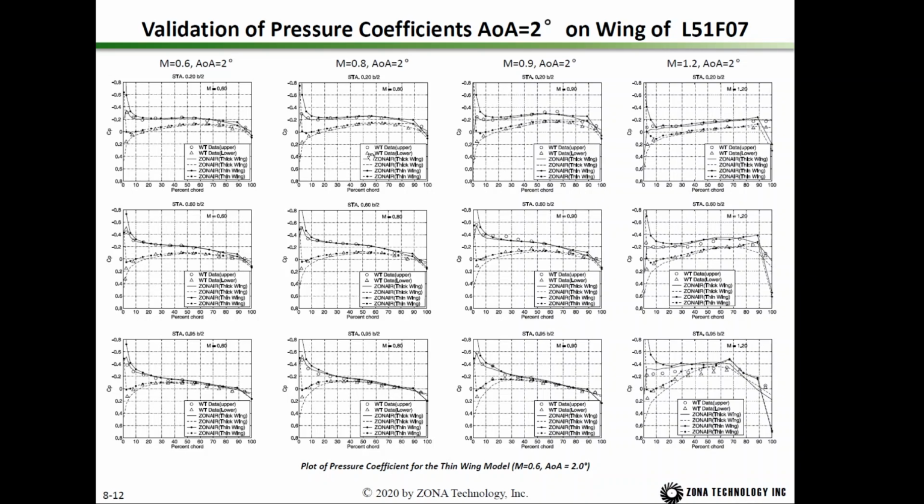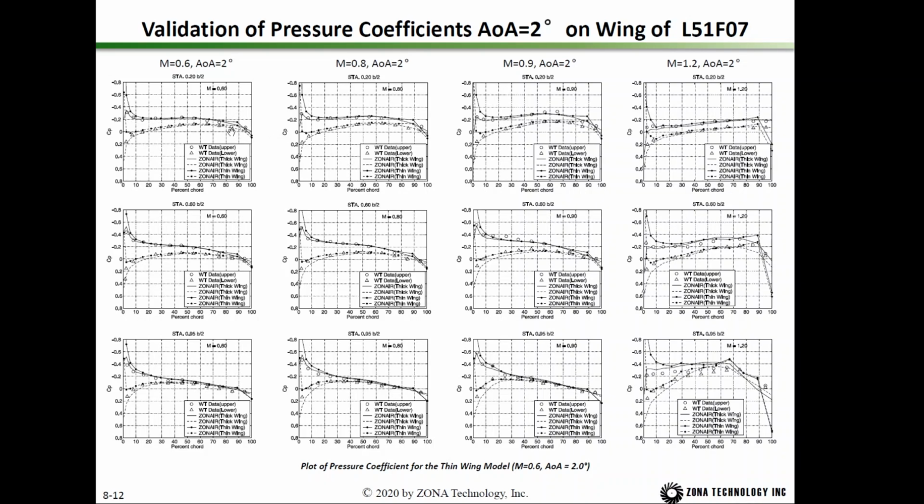The lower surface is open triangle. The thick wing on the upper surface is represented by the solid line. The lower surface is by dashed line. The thin wing model is a line with a circle and a dashed line with a circle.